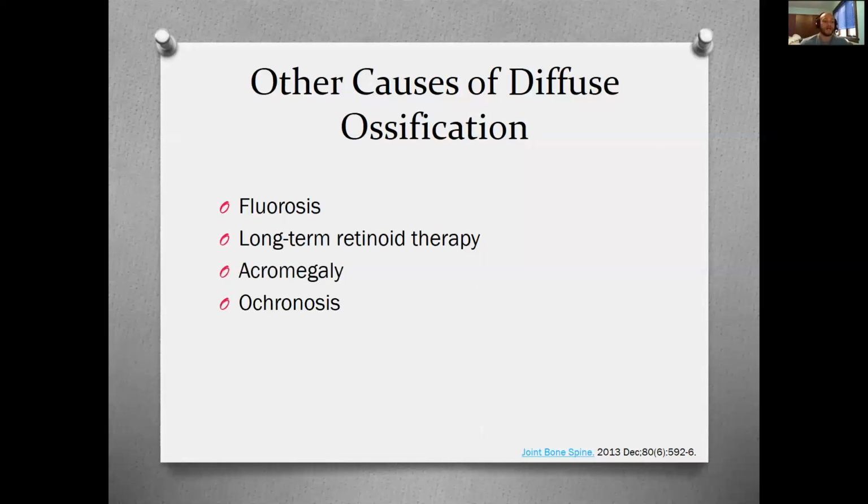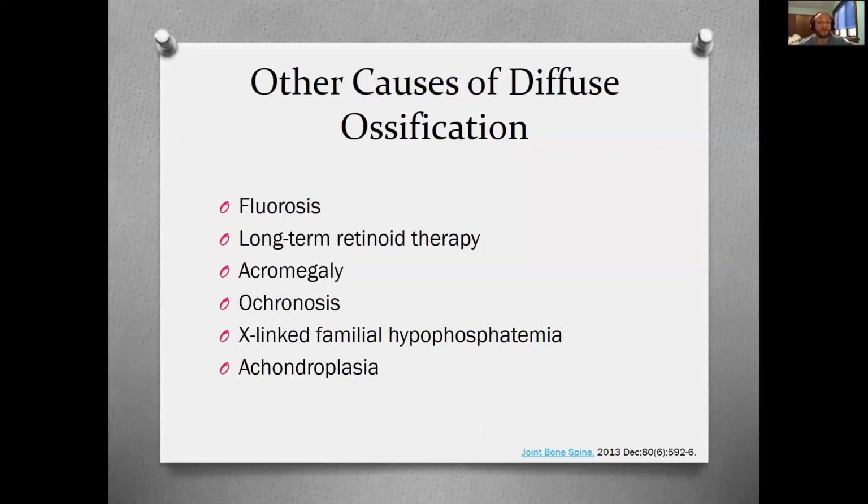We also have ochronosis, which is a metabolic disorder caused by the accumulation of homogentisic acid in the connective tissue. So what this essentially does is cause a yellowish discoloration of tissues when seen on microscopic examination. But again, it's kind of rare. And then we have some other genetic cases of it, and then achondroplasia, which is essentially dwarfism.